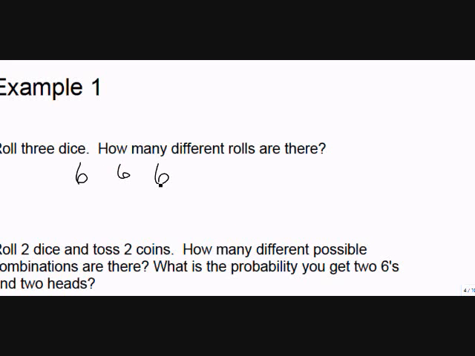If I roll all 3 of them together, it's 6 times 6 times 6. That's how many different outcomes there are when I roll 3 dice, and that is 6 to the 3rd power, which is 216. Okay? So I would not want to list all 216 of those possible rolls. So I have my little shortcut here.